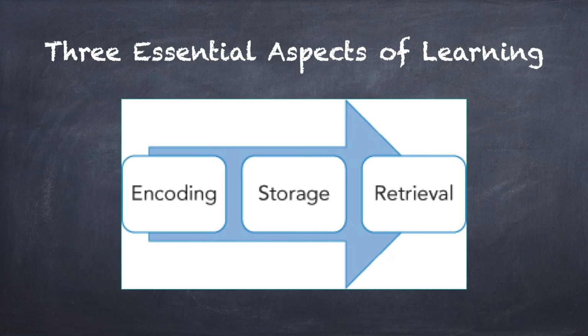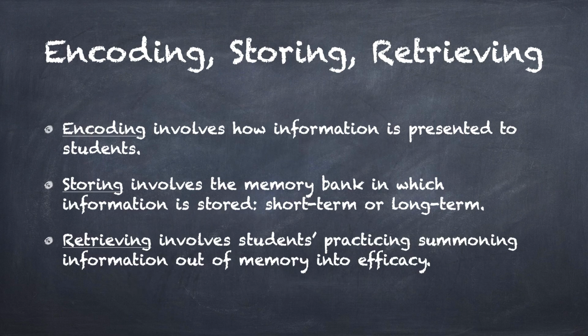We're going to talk about 3 essential aspects of learning: encoding, storing, and retrieving. Encoding, you might not know that word, but it's the one you're most familiar with when you think about learning. It involves how information is presented to students.